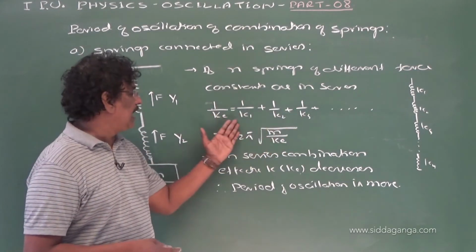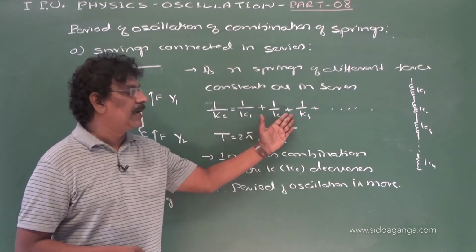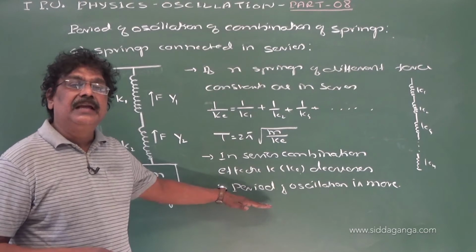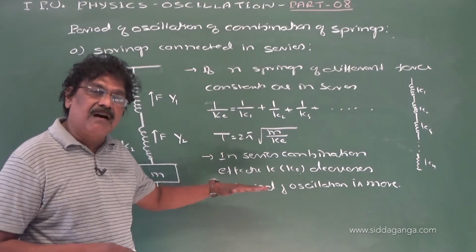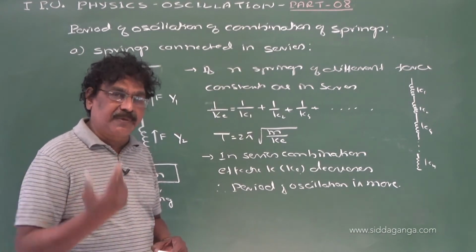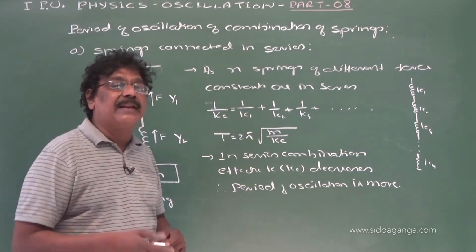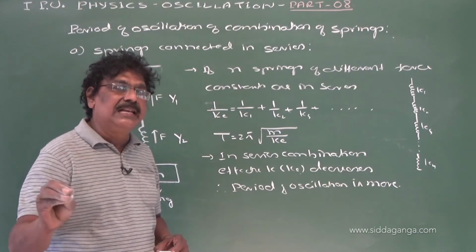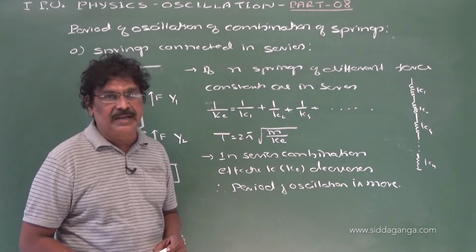For more springs, 1 by K is equal to 1 by K1 plus 1 by K2 plus 1 by K3, etc. The period of oscillation of a series combination of springs is more than the period of oscillation of a single spring of the combination. Is that clear?